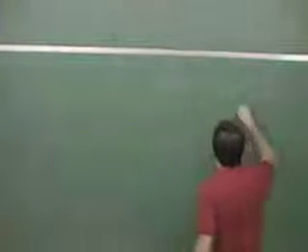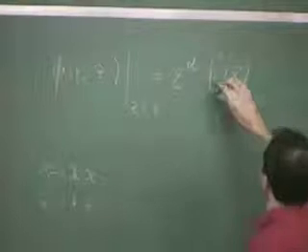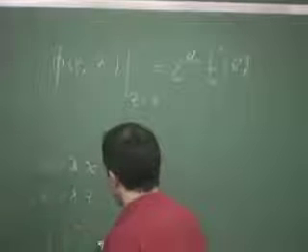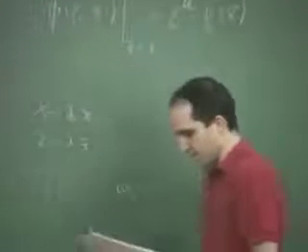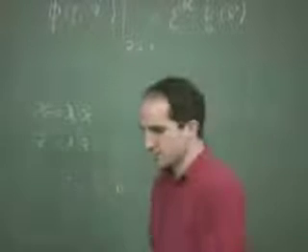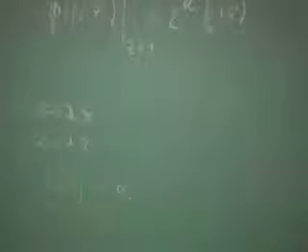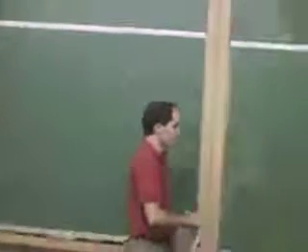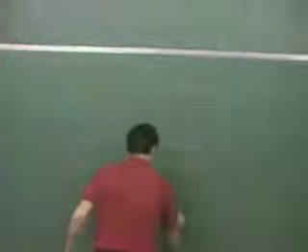This has sort of no dimensions. This has dimensions of length. So this phi naught r has dimensions, in energy units, equal to alpha minus. Now, if we come back to this expression, this whole thing should be dimensionless. If phi naught has dimension alpha minus, then what should be the dimension of O?